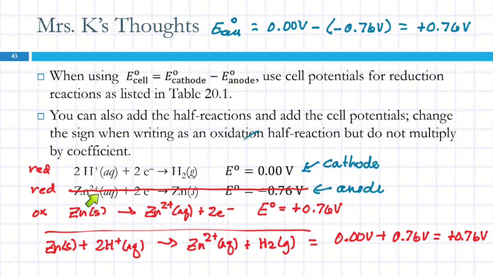Oh, that one's going in the opposite direction, so I'm going to write it backwards, change the sign. And then if I want to know the cell potential for those two together, I add these together, and I add those together, and I get my answer. And this is a lot like adding delta G's or adding delta H's, right? Any other questions?